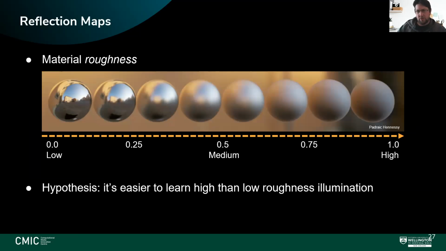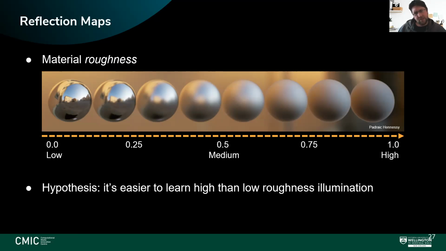And so we use this concept for lighting, where the hypothesis was that it's easier to learn rough illumination first. On the right here, these are different roughnesses of material. We've got a low roughness, which means like a mirror, and when you go higher, you get this specular, and then you get a diffuse ball sphere here at the end.